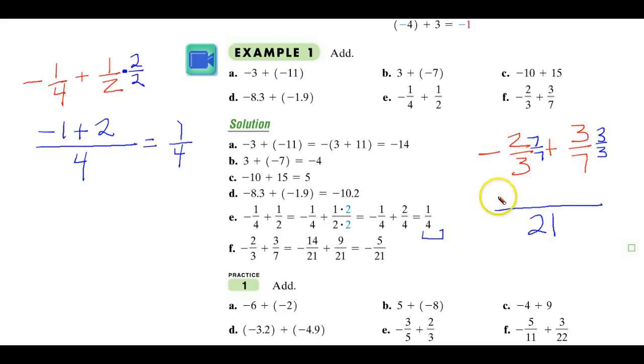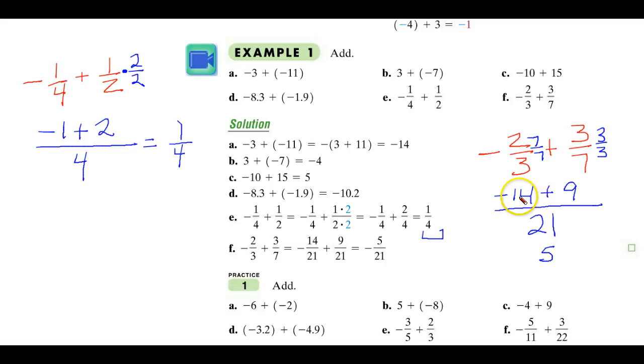So now 3 times 7 is 21. Negative 2 times 7 is a negative 14. Plus 7 times 3 is 21. 3 times 3 is 9. So now, again, we're going to subtract the smaller from the larger and get 5.